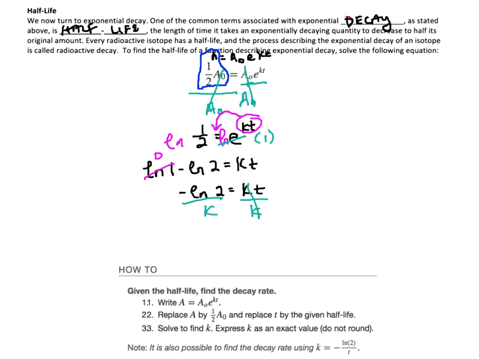And to figure out the time that something's been decaying, I do the negative ln of 2 divided by my constant k. I could have solved for k and divided time off of both sides. So if I want to find my constant, that's just the negative ln of 2 divided by the time that that substance has been decaying.